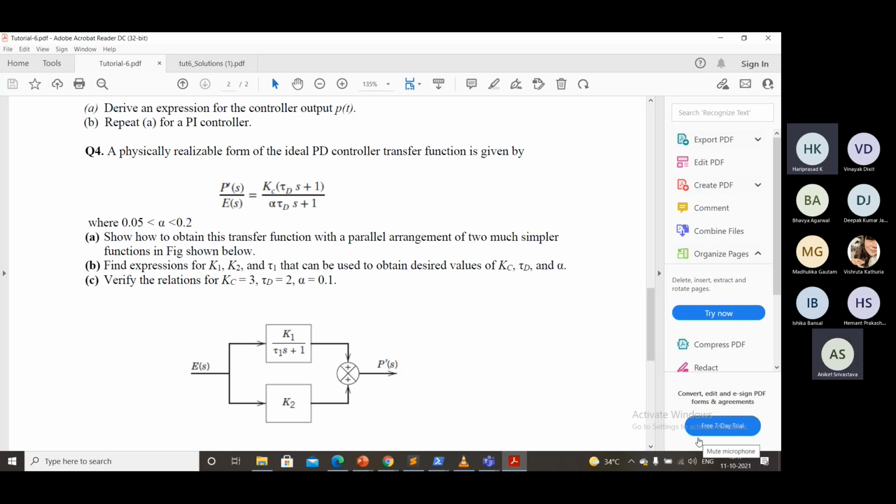Now your question is, can we correlate this with the given condition? You'll have to go from your parallel structure, compute K1, K2 to obtain the desired value. So you'll have to equate the standard form with whatever you are given, and I think that's all about it.